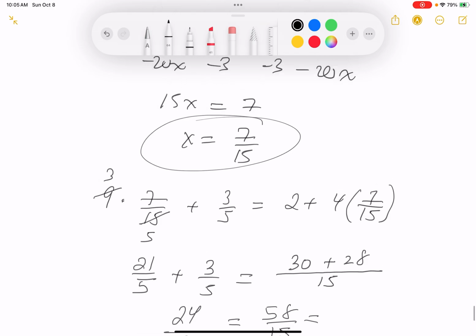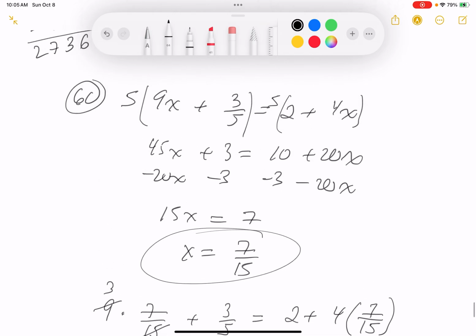Let's take a look. And I'm glad I made a mistake. Take a look what I did. And I got 45x plus 3. That looks pretty reasonable. 10 plus 20. I subtracted 3, subtracted 20. And I got, let's see, I see it now. 20 from 45 is not 15. It's 25. All right? So I'm glad I checked it.